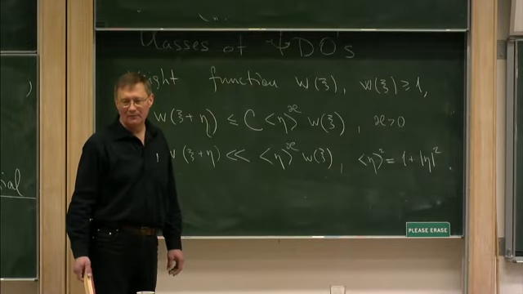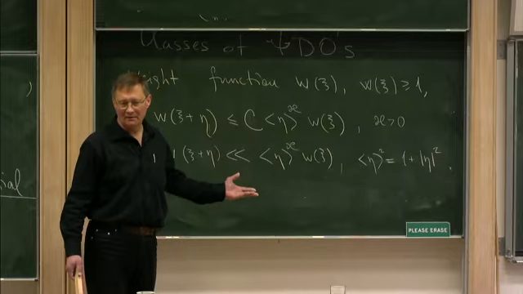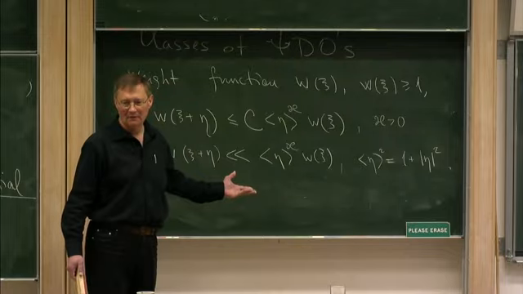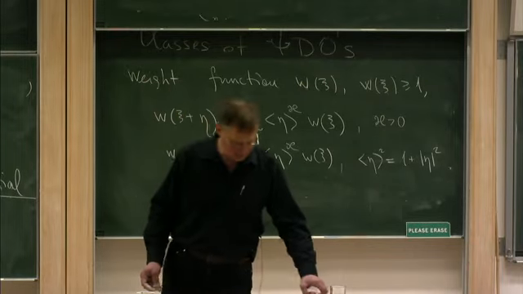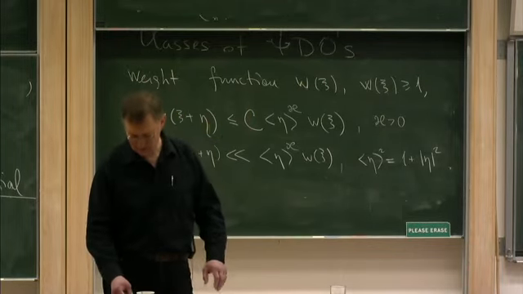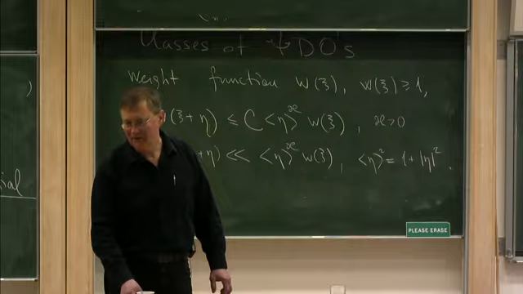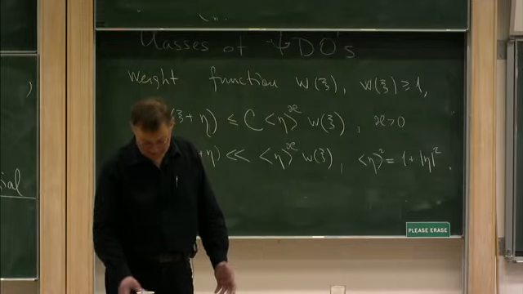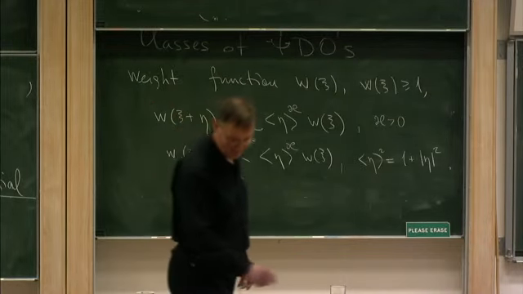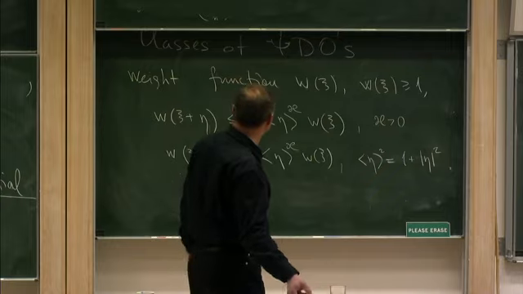There is a terminology for that. There is a term for this. This is called Japanese norm. Japanese because I think the first person who used that was some Japanese mathematician, and it stuck. So, right, okay.